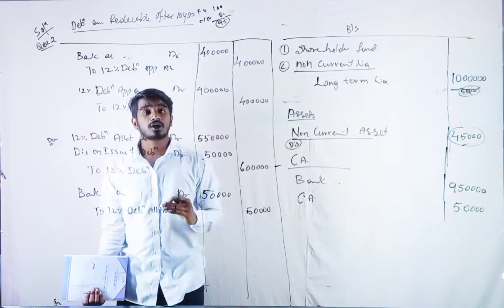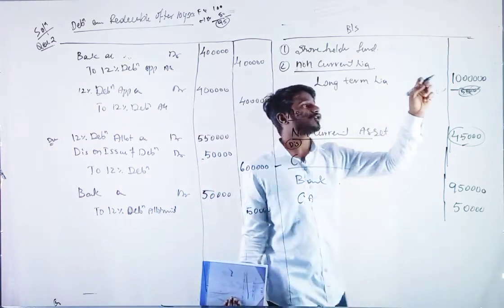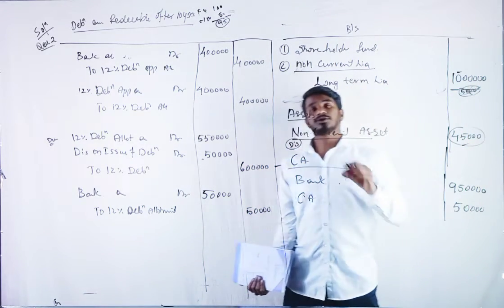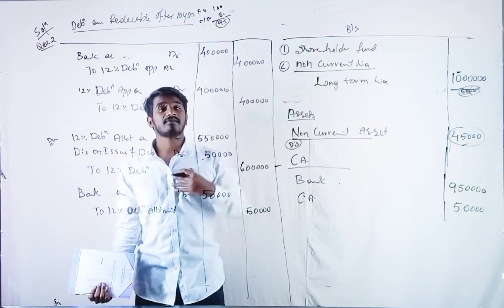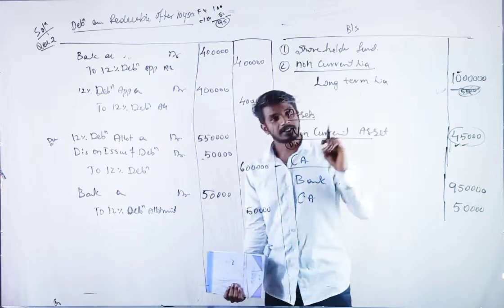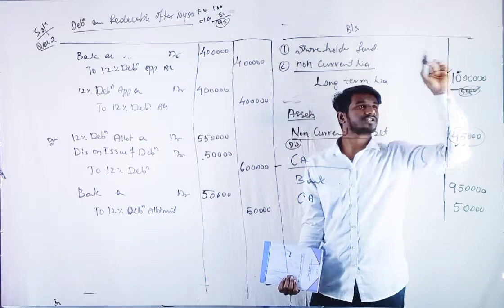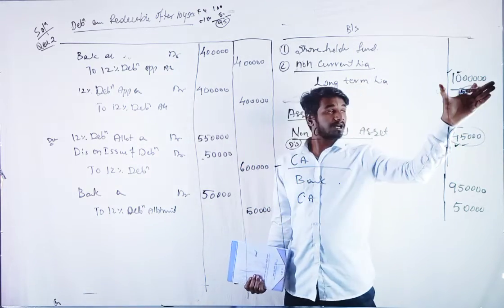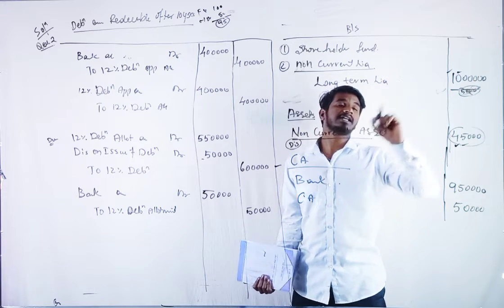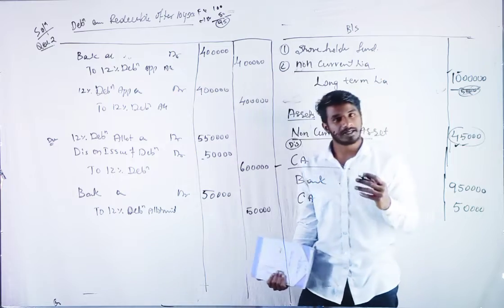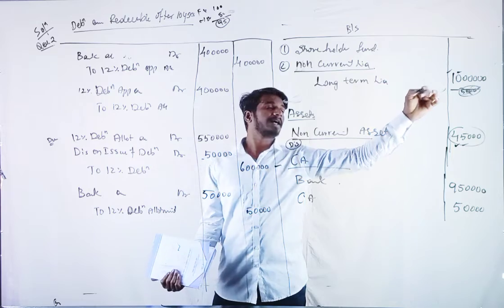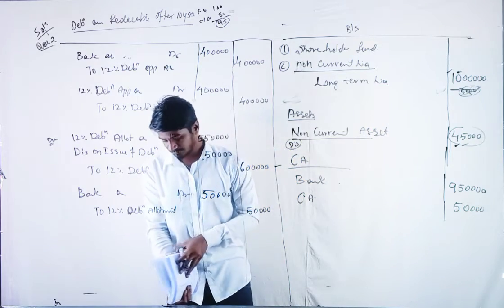Why? Because we should actually pay 10 lakh. We are liable to pay the 10 lakh. Here we have given a discount, but actually we should pay 10 lakh. If I cannot add it there, where will I show it? On the opposite side, in the asset side. So it will get deducted. Is that right? Yes.